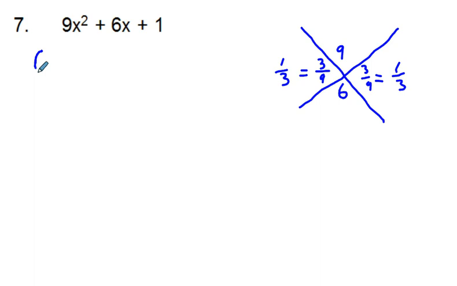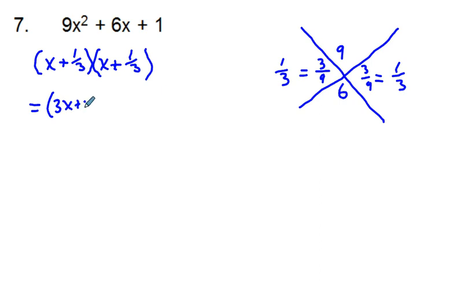So we have x plus 1/3 times quantity x plus 1/3. And so using our bottoms up method, we get quantity 3x plus 1 times quantity 3x plus 1.